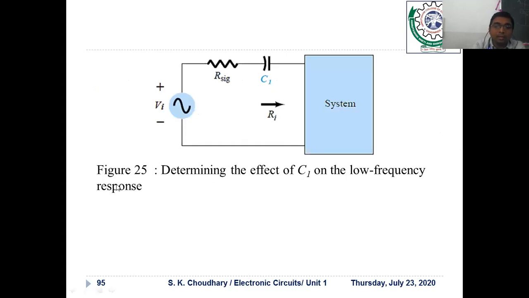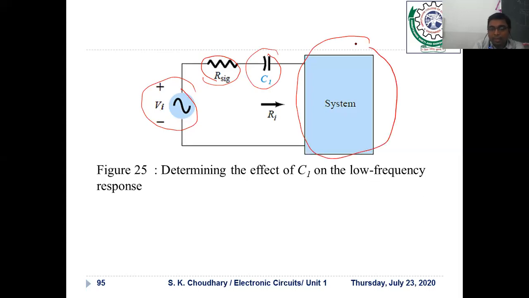Now, through this formula, we look at the internals of the equivalent network determining C1. You have to convert this amplifier circuit into its equivalent circuit. This is the external device, the input signal voltage source, and this is the internal resistance of the signal generator, in series with the coupling capacitor C1. The whole right-hand side of the coupling capacitor, the amplifier section, is represented by a black box, a system, having the input resistance Ri, that is R1 parallel R2.